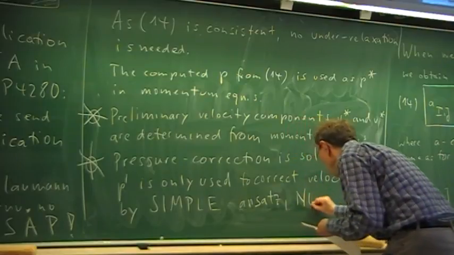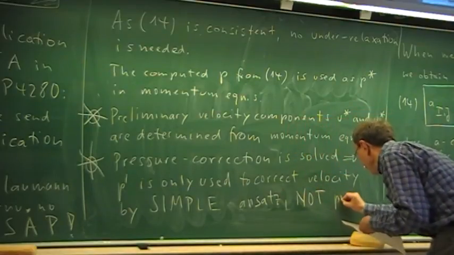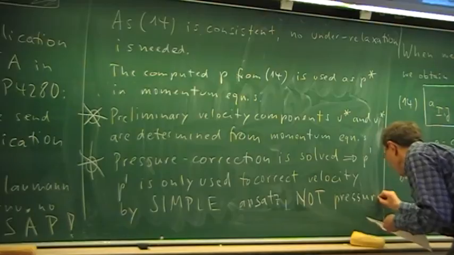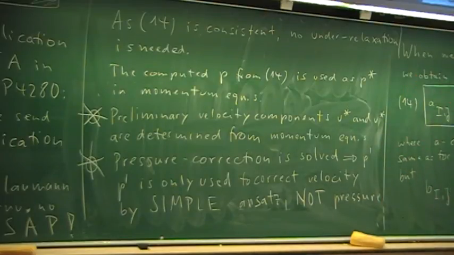That is important: not the pressure. Pressure is not corrected because we already have a good pressure from solving this consistent pressure equation.